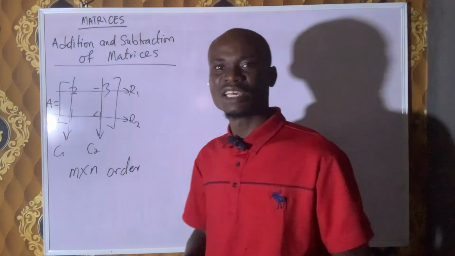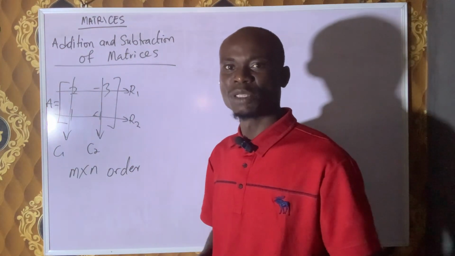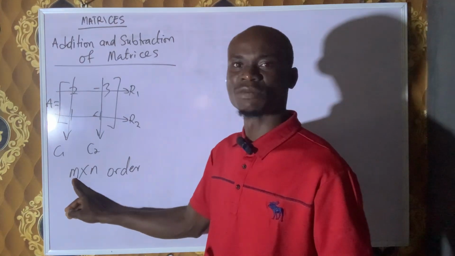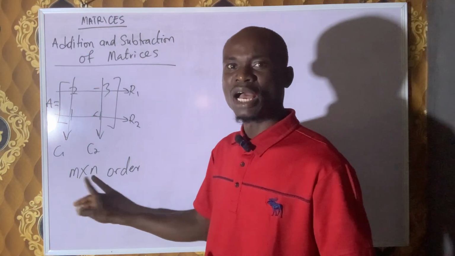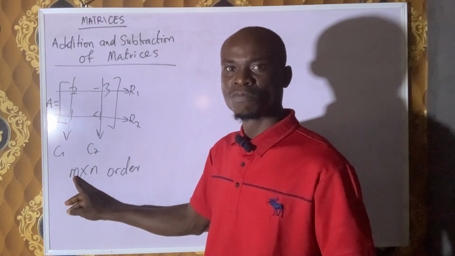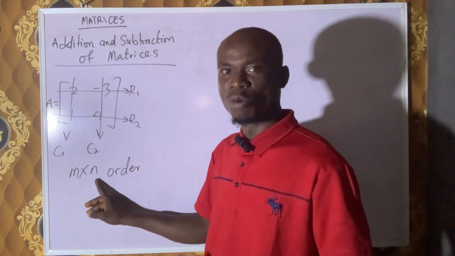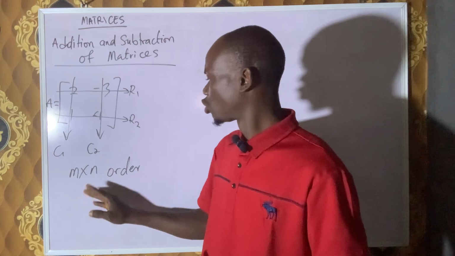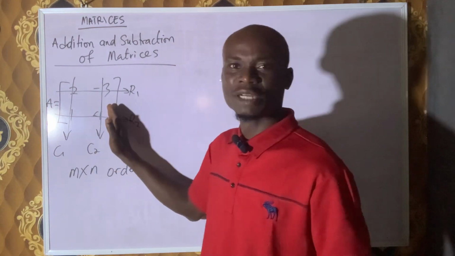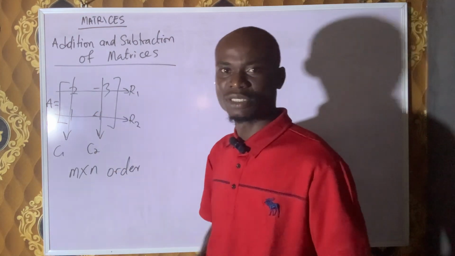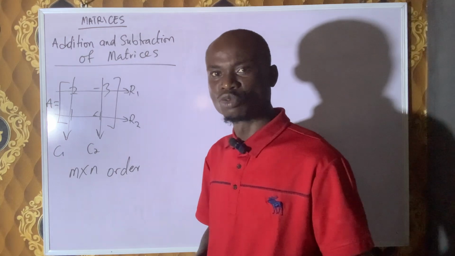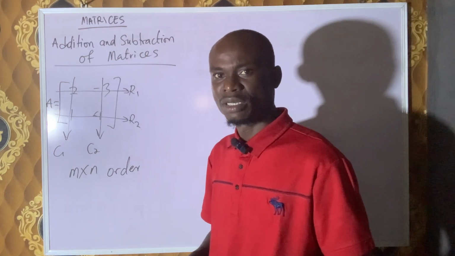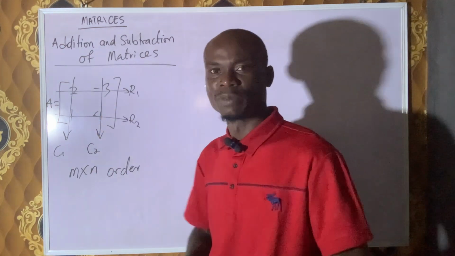So if I say a 4 by 2 matrix, I simply mean a matrix in which m is 4, n is 2, and m represents the number of rows, while n represents the number of columns. So in this particular matrix, this is a 2 by 2 matrix, and it is referred to as a square matrix.